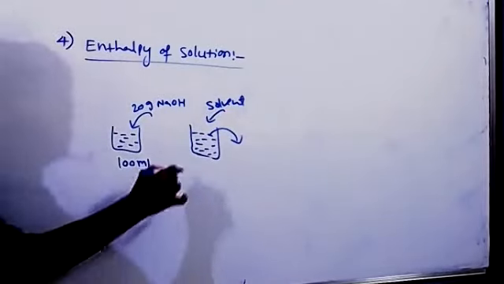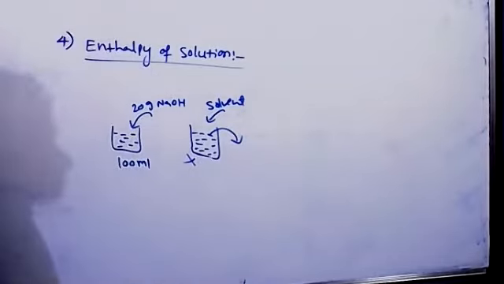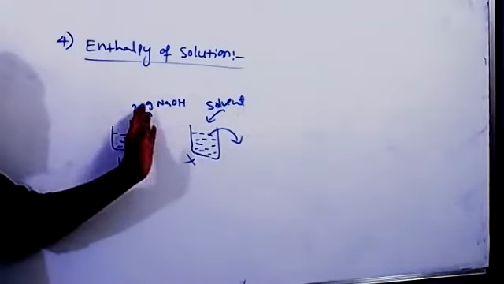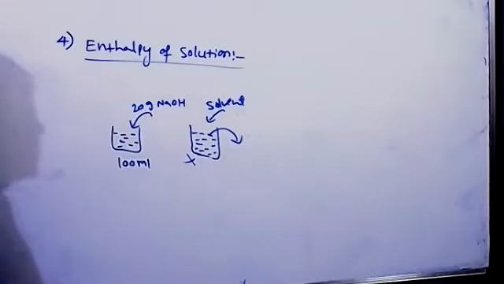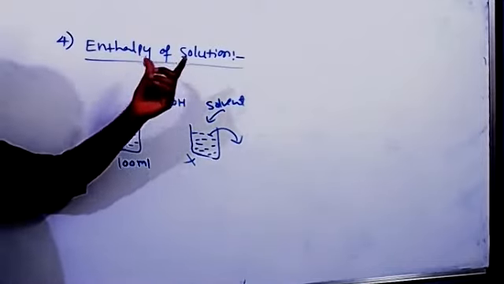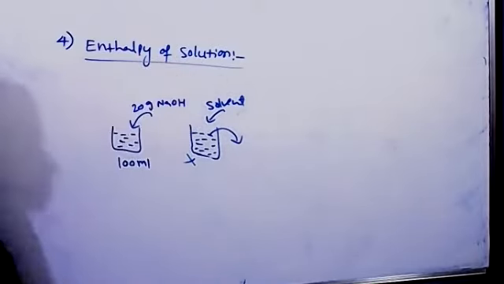So this is not the correct solution. We need to take a large excess, like 10 or 20 liters of solvent, and dissolve 10 or 20 grams of NaOH. Then it completely dissociates, and even further addition of water won't give out or absorb heat. We need that much diluted solution to get the correct value of enthalpy of solution.